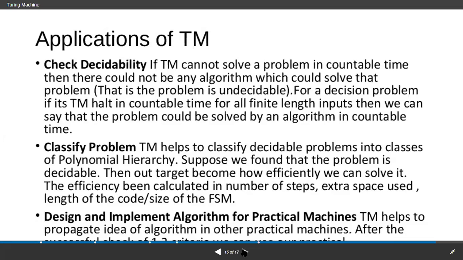And the third one is to design and implement algorithms for practical machines. And how does the Turing machine help to propagate the idea? That means how to design and how to implement the algorithms, and practically how to do all these. Here we need to propagate the ideas of algorithms to other practical machines.